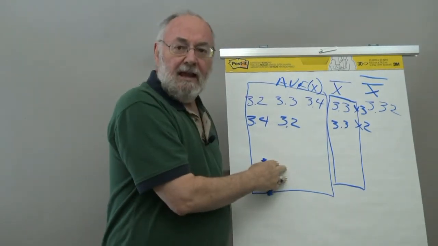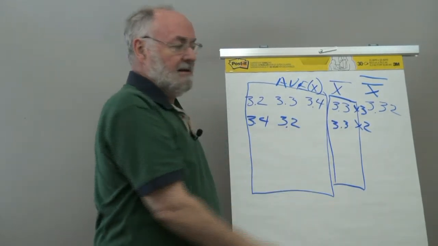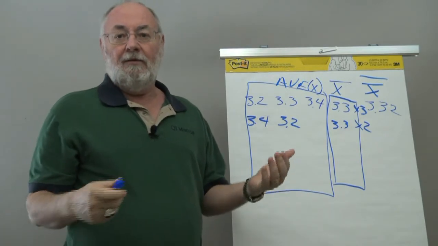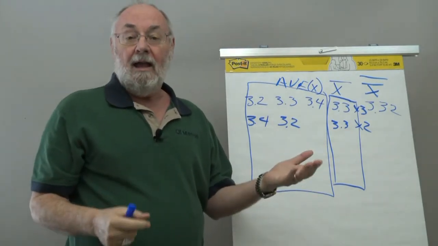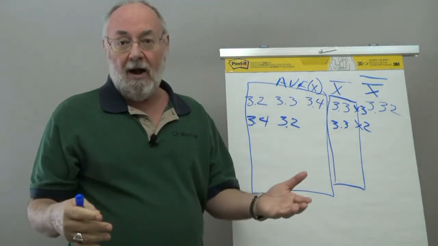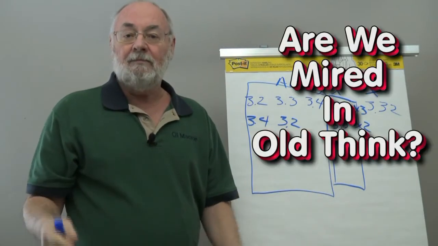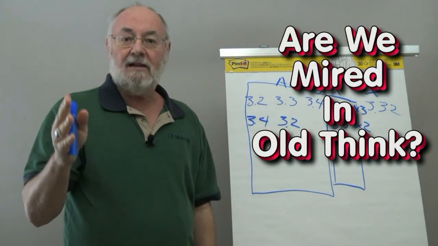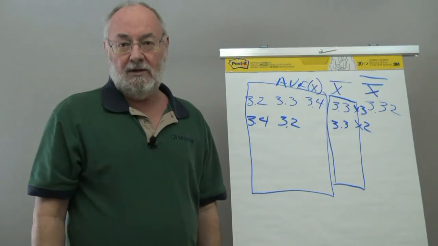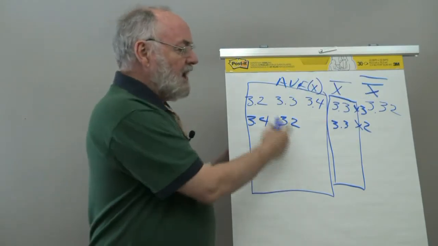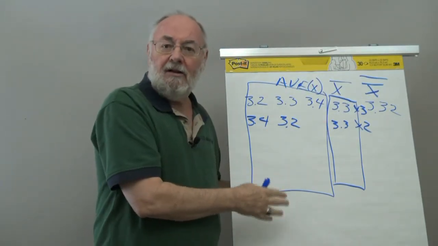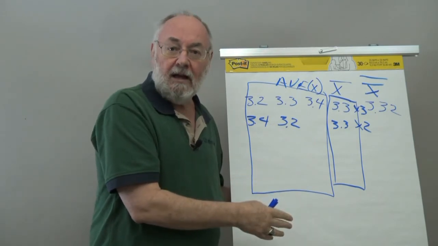So this got me thinking, we've got these formulas for the X bar and weighted X bar and all kinds of things that are simply artifacts of the last century and how we used to do it. And so this got me thinking, what else are the artifacts of the last century?